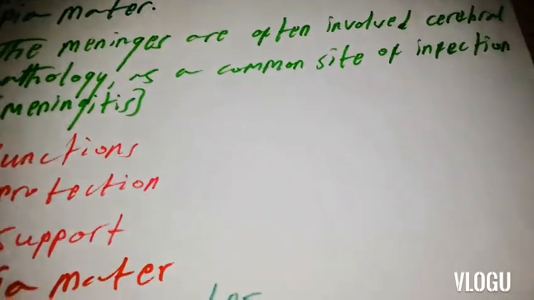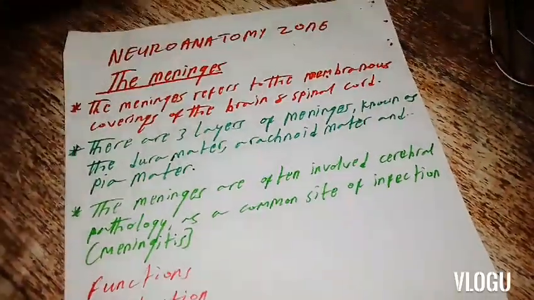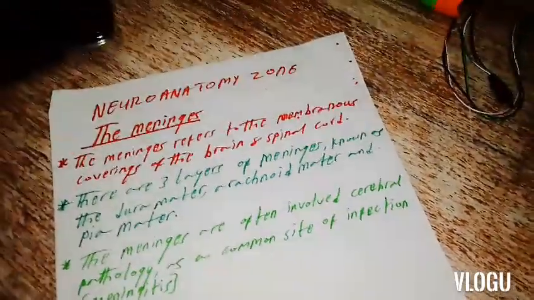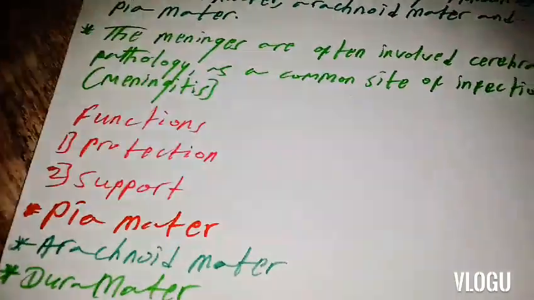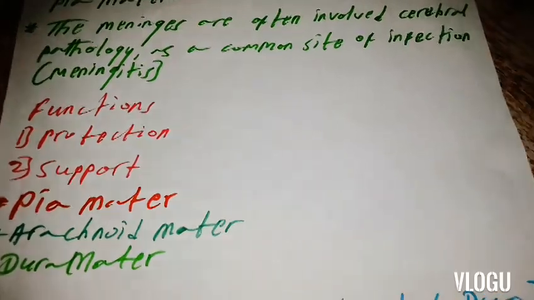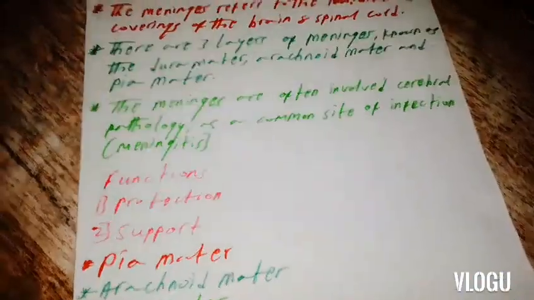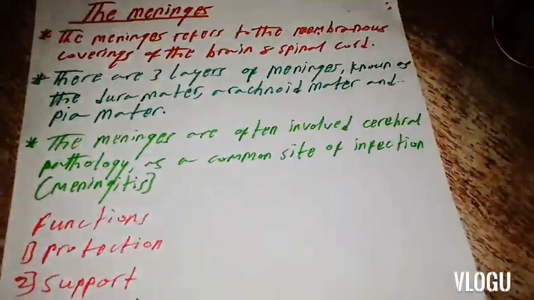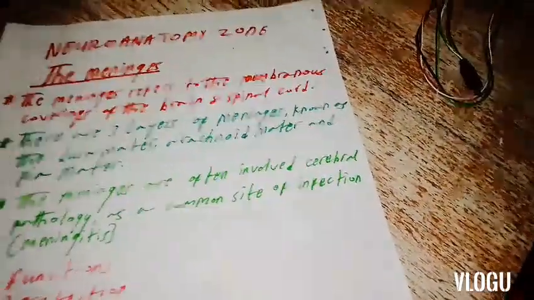The arachnoid matter is an impermeable membrane which forms the middle meninges of the brain. Meninges is the plural; each of the meninges is known as a meninx. That's the singular form. The vasculature that supplies the brain, the structures that carry blood to the brain, pass through the arachnoid matter.